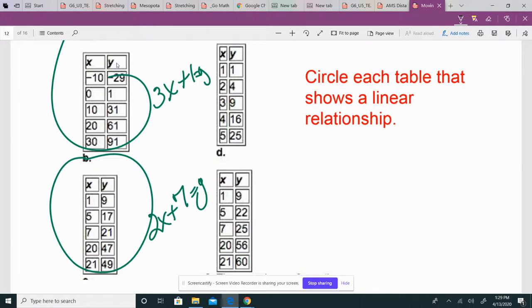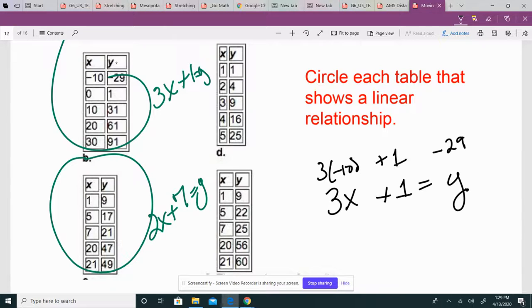But always think about this as, if I'm looking at this as a coordinate graph, that's one thing. But I also have to just plug in the values. 3x plus 1 equals y. Well, what is y saying that it is? In this case, it's negative 29. Okay, well, what is x? Negative 10. So 3 times negative 10 plus 1 is what I'm looking at.